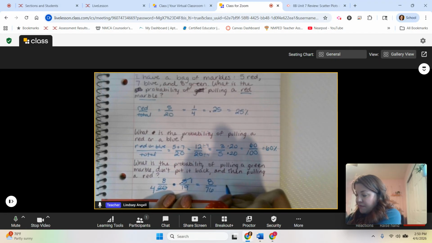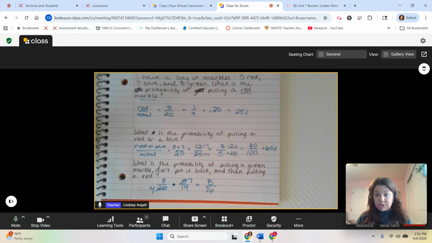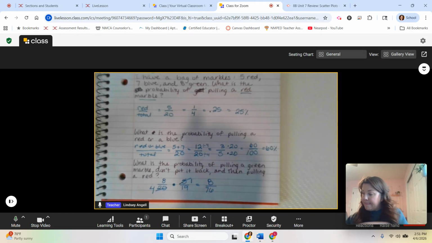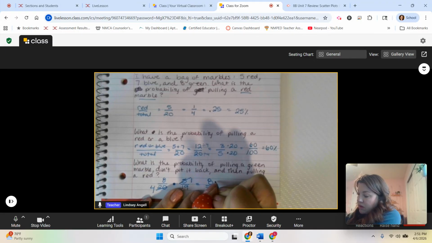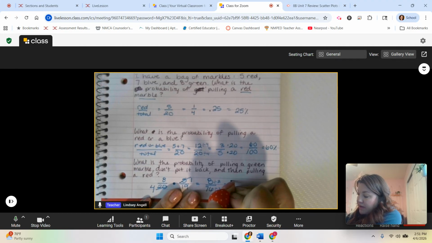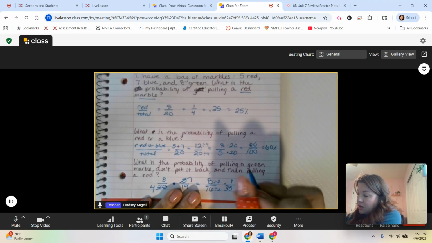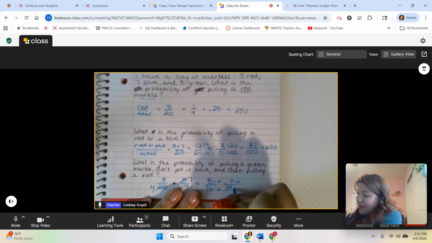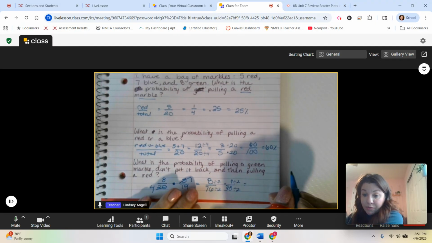That's kind of a funky number, so we could reduce that. Both can be divided by 2, which gives me 4 over 38. Those can both be divided by 2 again, which gives me 2 out of 19. I'm just working on reducing my fraction.